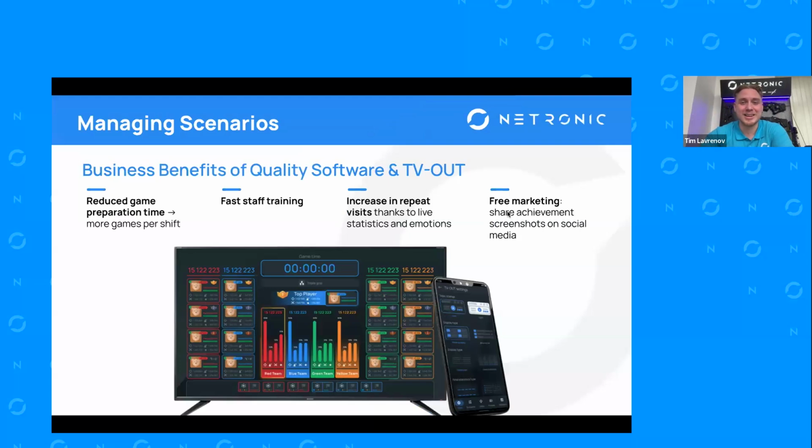Yeah, so the TV out is a very nice application. You do not control anything with the TV out, but it shows all the statistics and all the game logs happening in real time. I call it the favorite application of parents of kids visiting the arenas, because while kids are having a blast just running in the arena, parents are looking at the screen and checking what's going on.